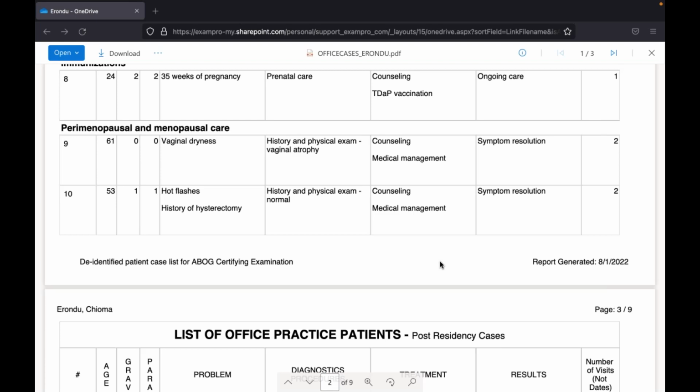Also avoiding certain medications or food items such as caffeine, alcohol, limiting those intakes, some chocolate as well, and increasing their dietary fiber.